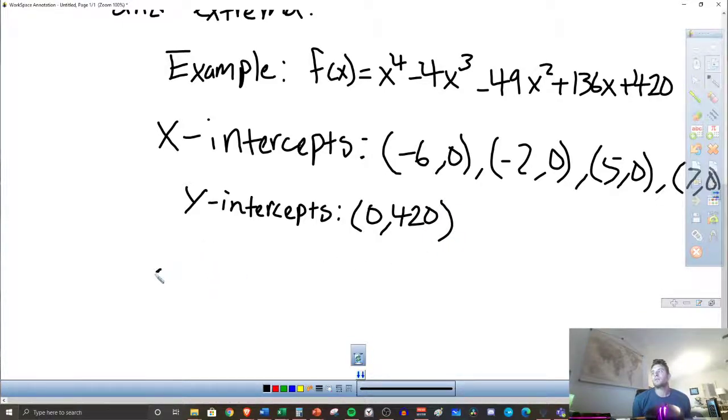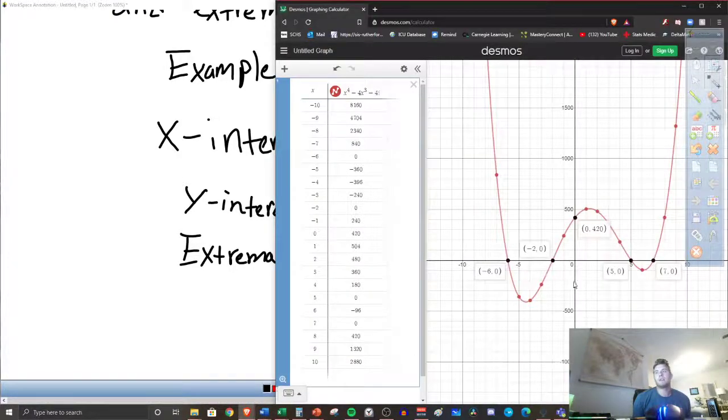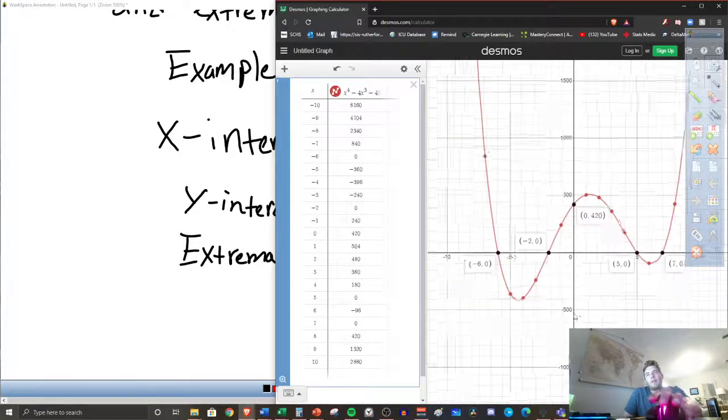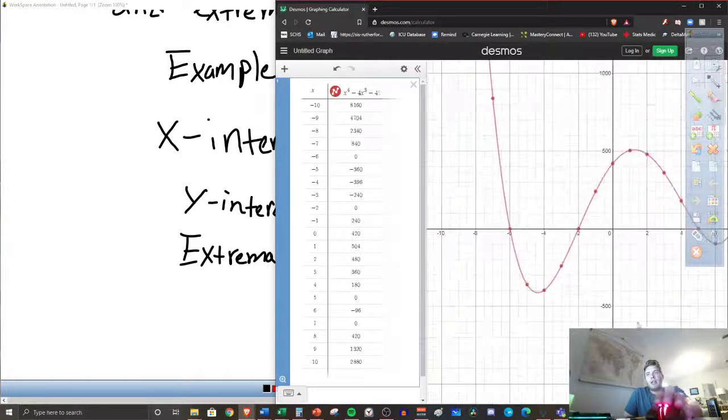Okay. So the last thing that we're going to talk about are the extrema. Known as your maximums and minimums, relative maximums and minimums, and we're going to talk about these a little bit more later in this lesson. But you'll notice how this winds.